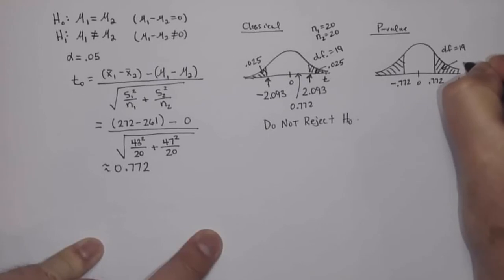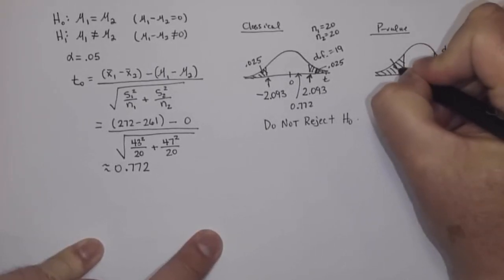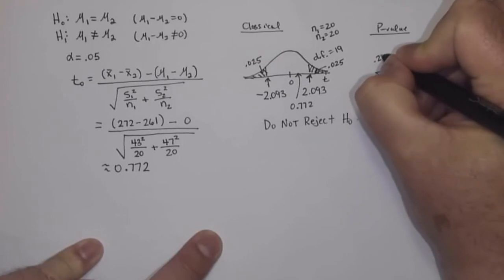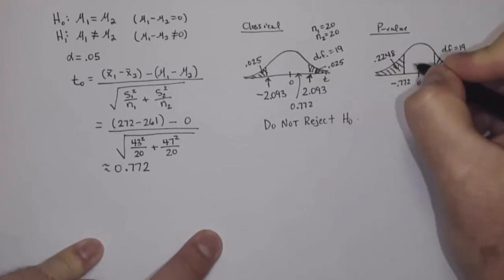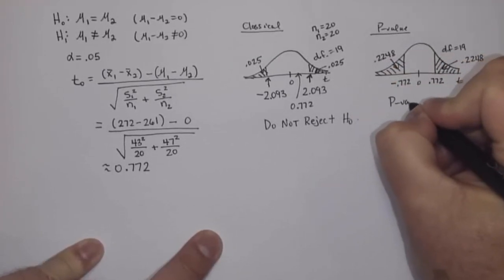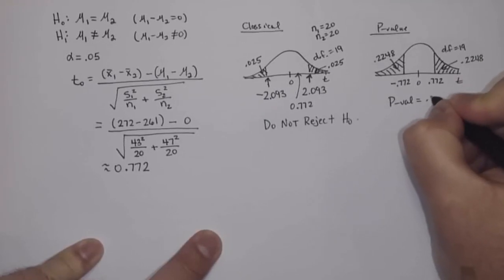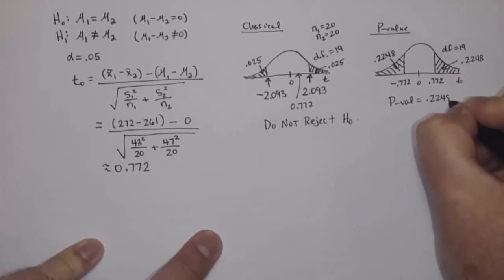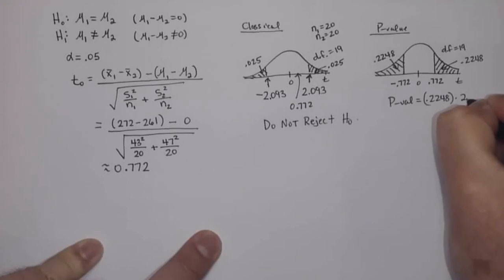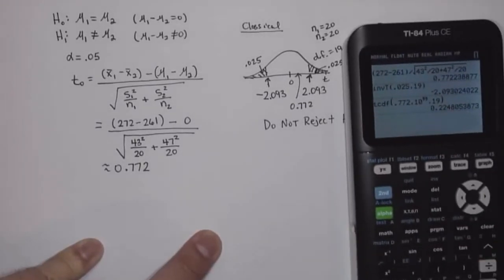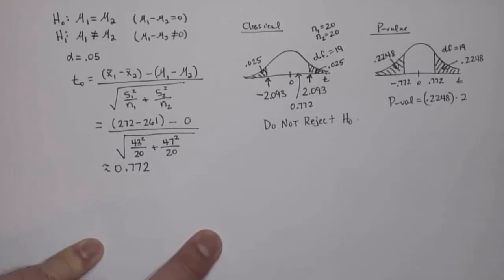So this area here is 0.2248. By symmetry, this area here is also 0.2248. So my p-value is going to equal 0.2248 times 2, which is 0.4496.